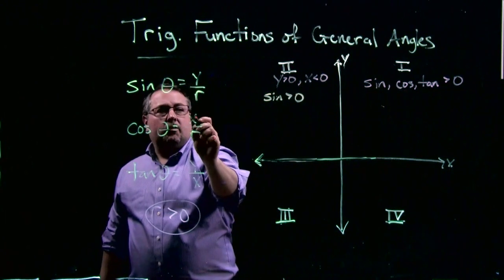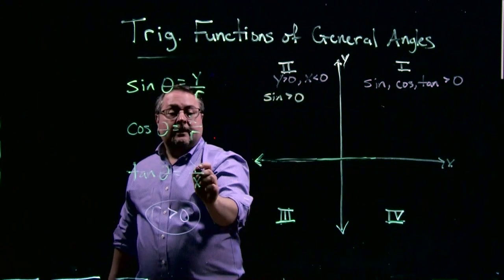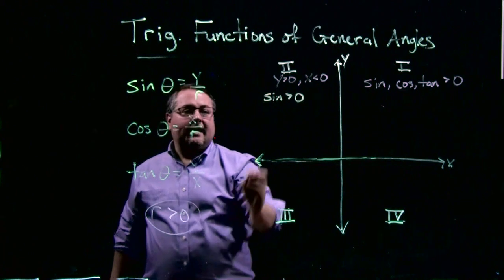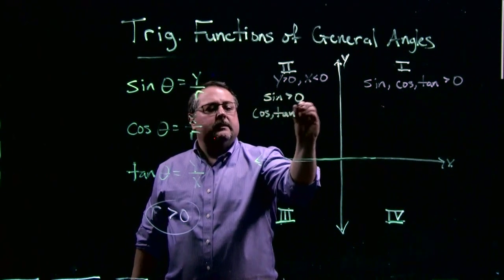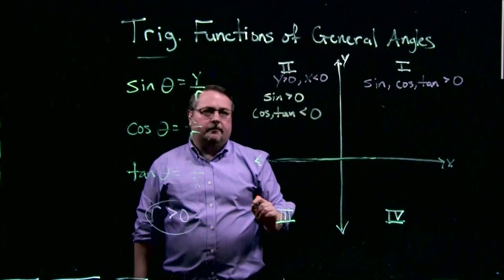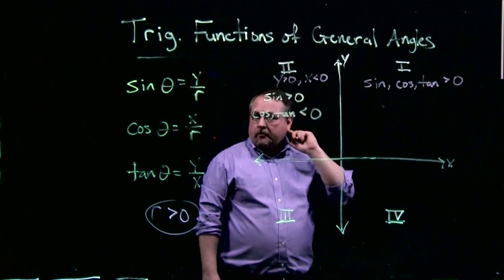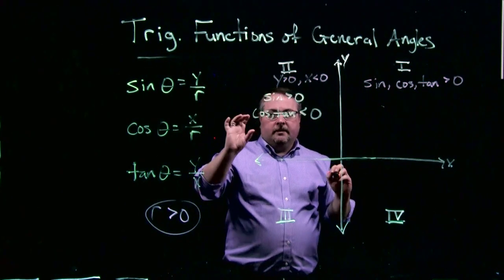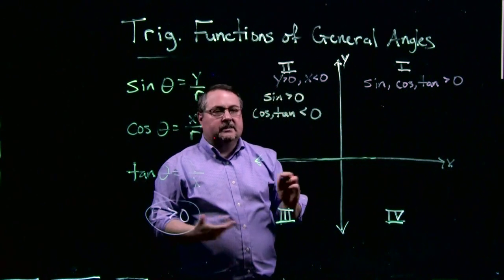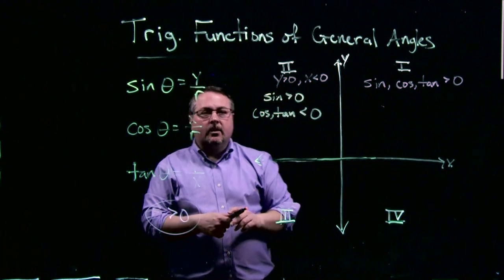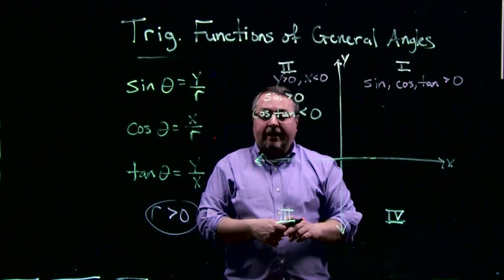But cosine will be negative over positive. Tangent will be positive divided by negative. So cosine and tangent will be negative. So any of the ratios that involve x here will be x divided by a positive or positive divided by x. Since x is negative, then those ratios will be negative.